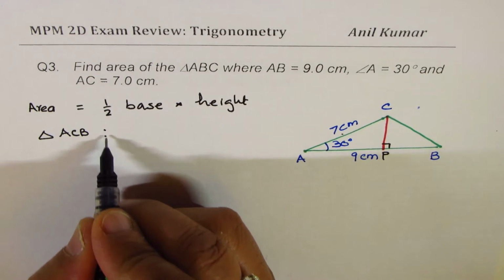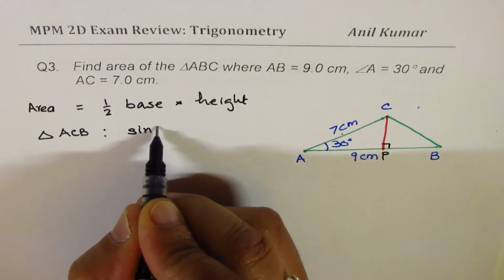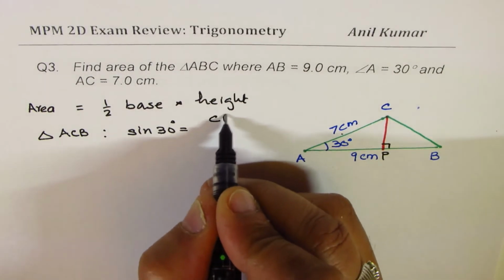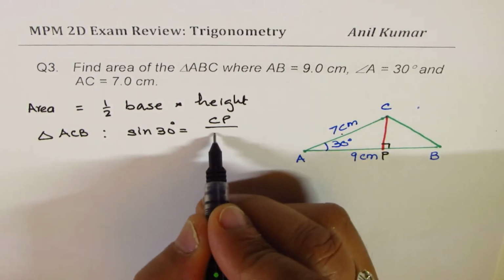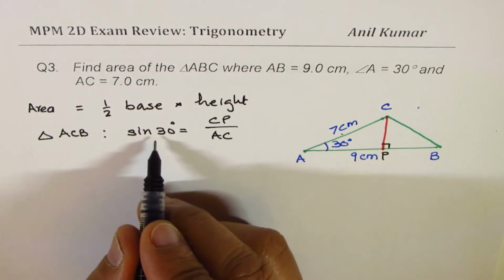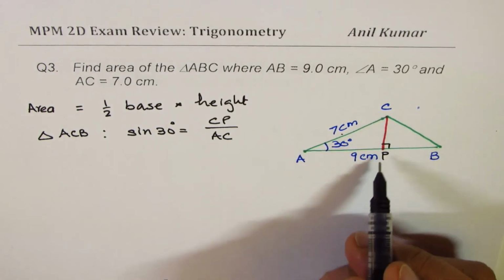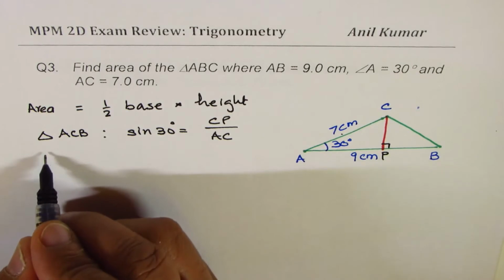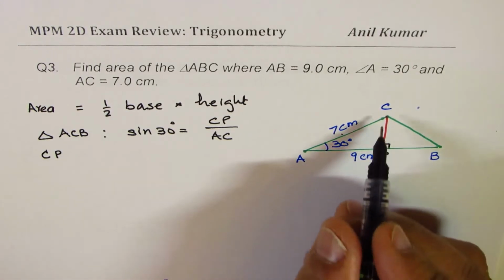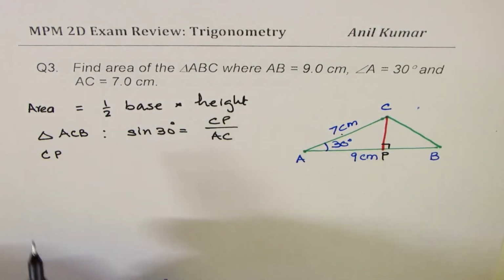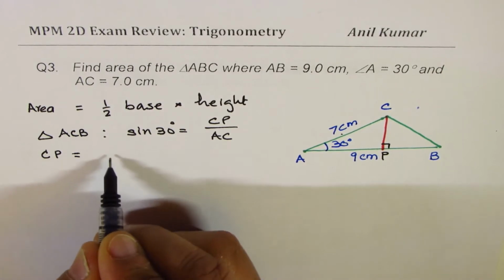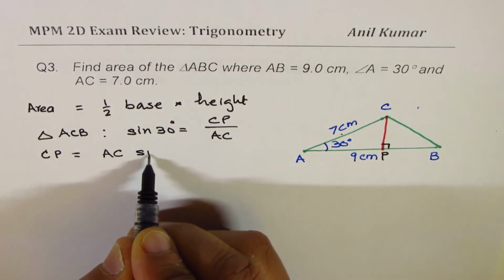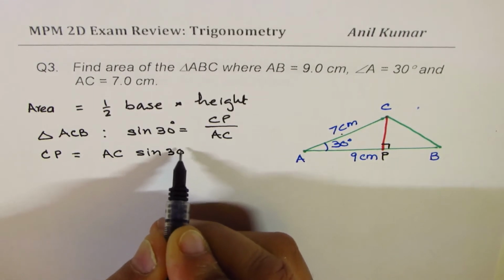So in this triangle, we can say sine of 30 degrees is equal to the opposite side CP over the hypotenuse AC, right? And therefore, we can find CP very easily by cross multiplying, right? So we get CP, which is also the altitude or the height of the triangle, equal to AC times sine of 30 degrees, correct?